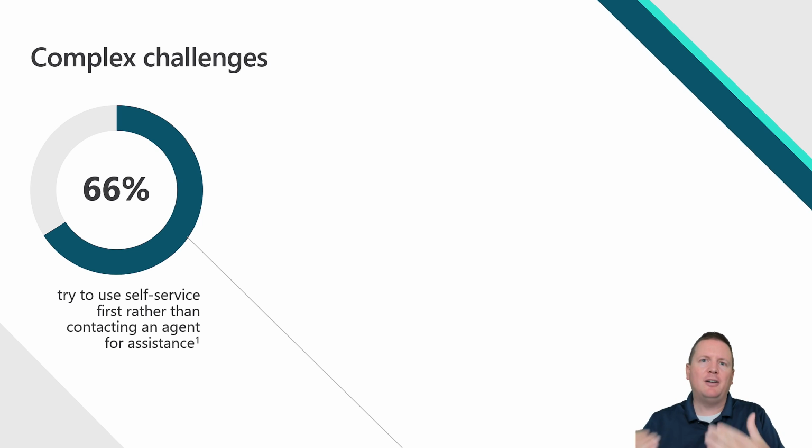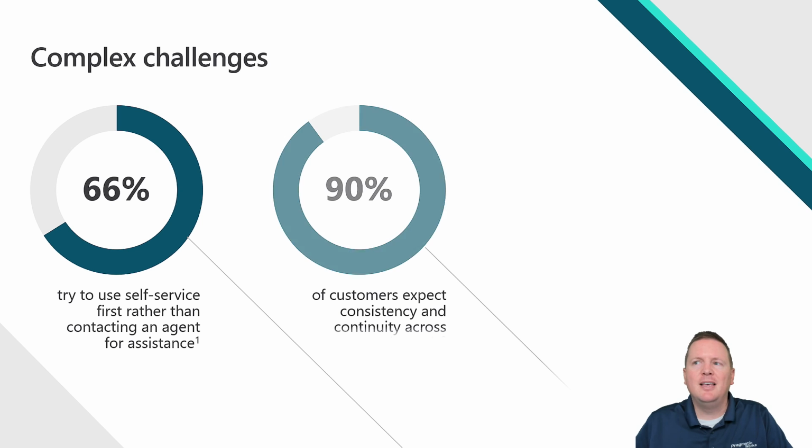So my first goal is, how can I solve this problem myself using some kind of interactive component they have? So 66%, and you'll see where these stats come from in a moment, 66% of people try to use self-service first rather than actually contacting a live agent for assistance. So there's definitely a need for this, as you can see here.